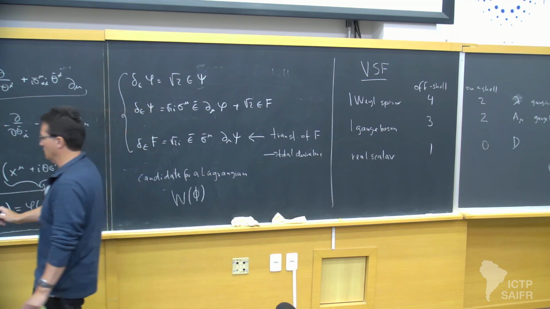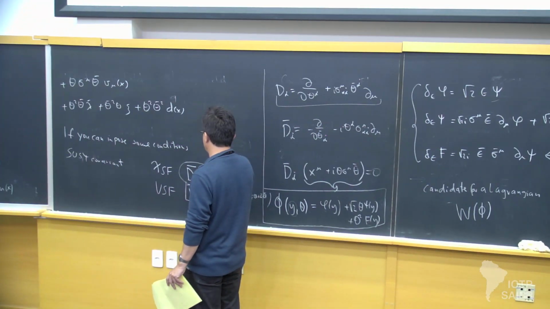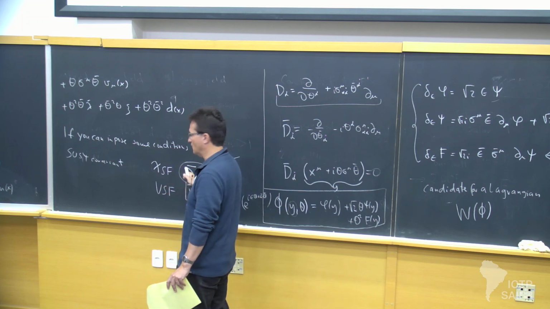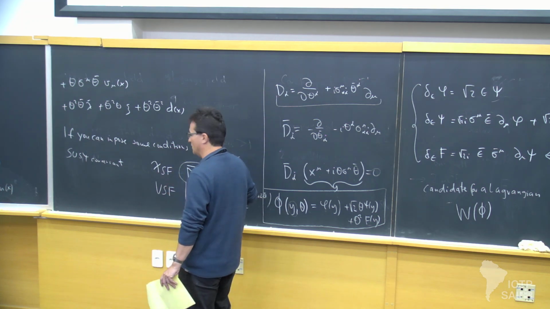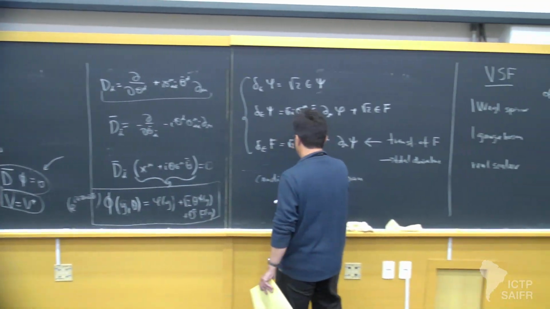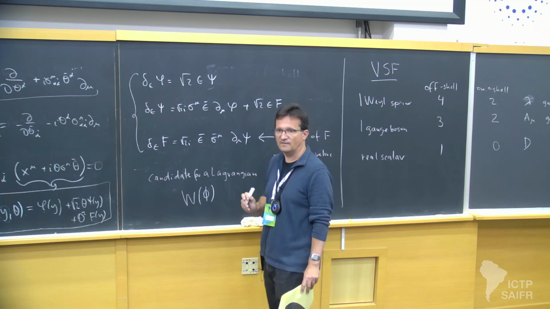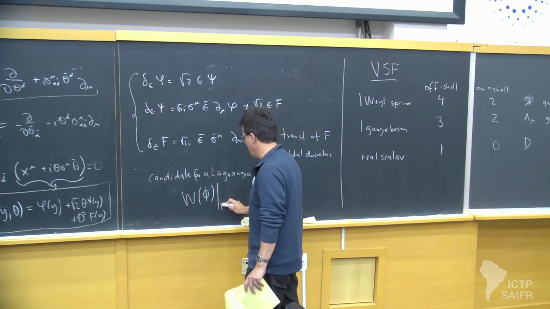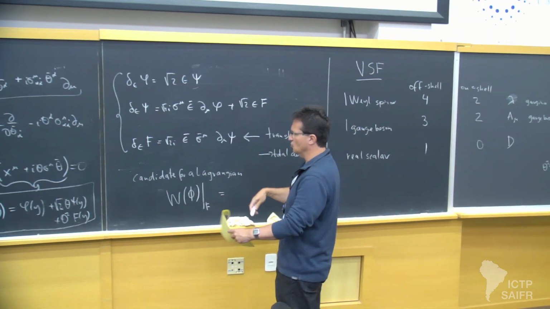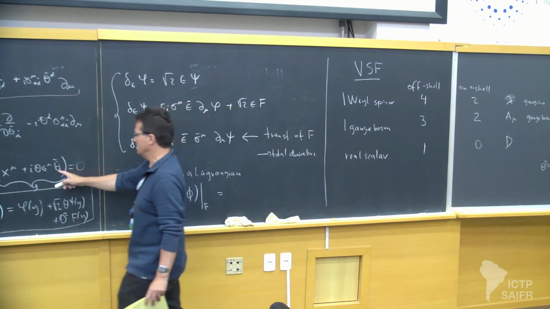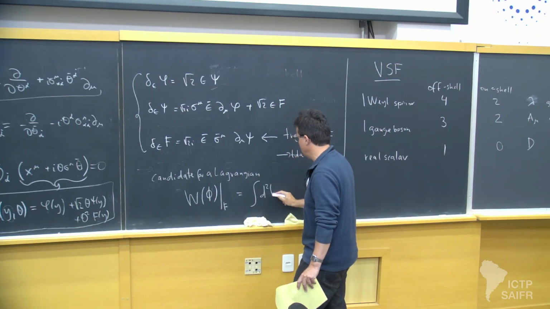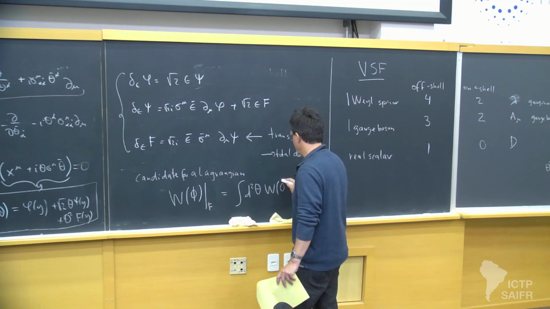It's because if I have d bar of phi equal to 0, and I take phi squared, you can show that any product of it is going to remain a chiral superfield. So I can take an arbitrary function of the chiral superfields, and I can take the F component of this. The way it is usually written, you introduce the integration over the superspace variables, and you say that this is equal to the integral of d2 theta of W of phi.